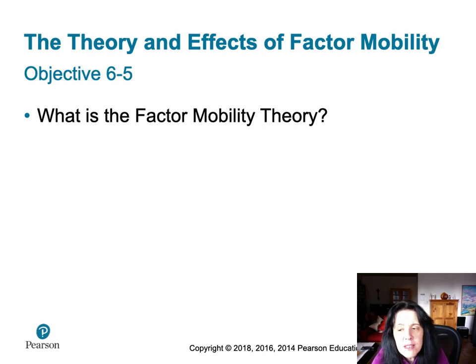Concomitantly, the mobility of capital, technology, and people, right? When we talk about the factor conditions, there are three variables that we're talking about: the capital, technology, and the people, and their mobility, right? Their ability to move from one region or country to another.